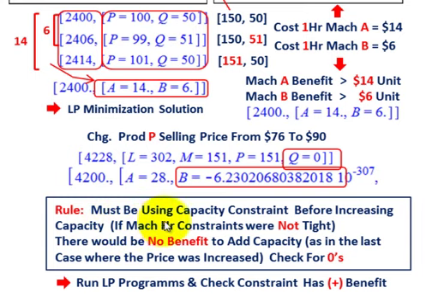So if your machine hour constraints were not tight, then really you shouldn't be increasing any capacity. That is not using the machines. Therefore, there would be no benefit to add capacity, as we'll look at in the last case, where the price was increased. Again, we want to check for zeros for those different products, and also those costs that we minimize. So you want to run a linear program, and you want to check your constraints to see if you have a benefit.